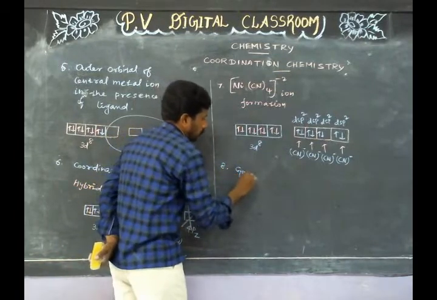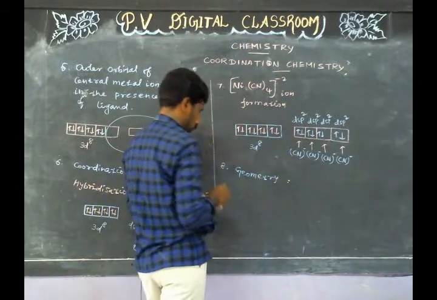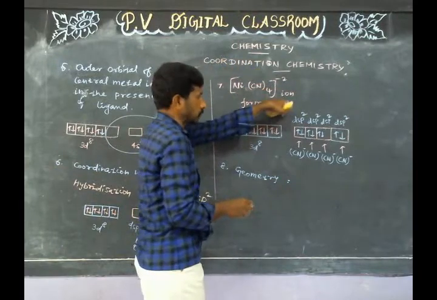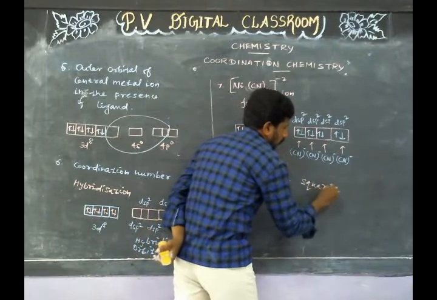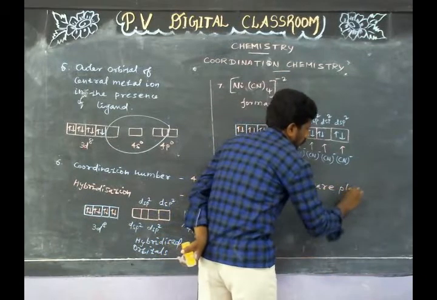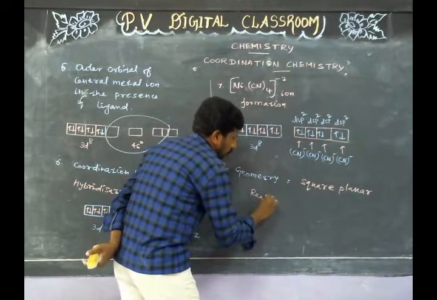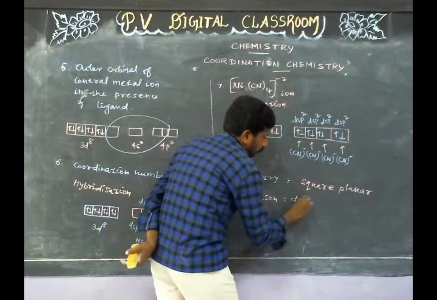Geometry. The geometry of the [Ni(CN)4]2- ion is square planar, since dsp2 hybridization.